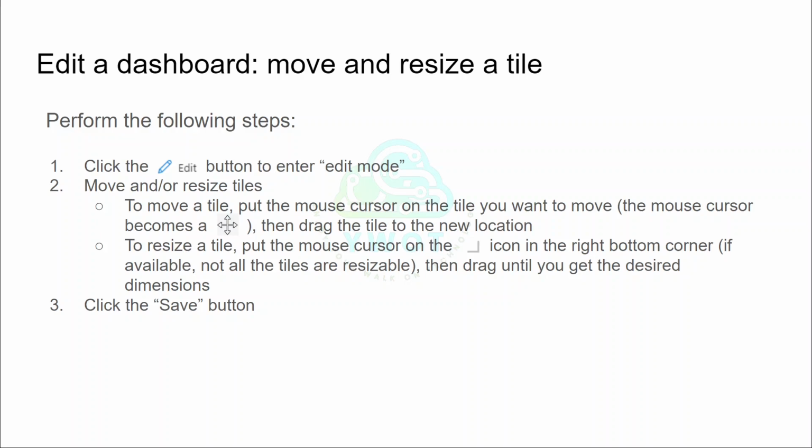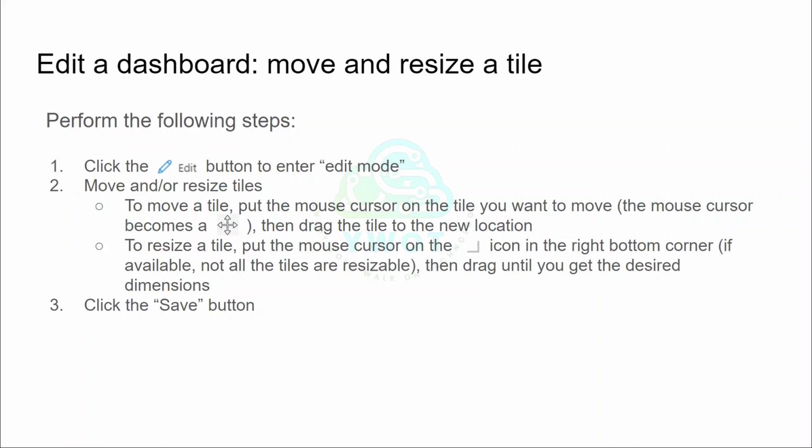We can also move and resize a tile. To move a tile, we need to put the mouse cursor on the tile, and then we need to drag the tile to the new location.